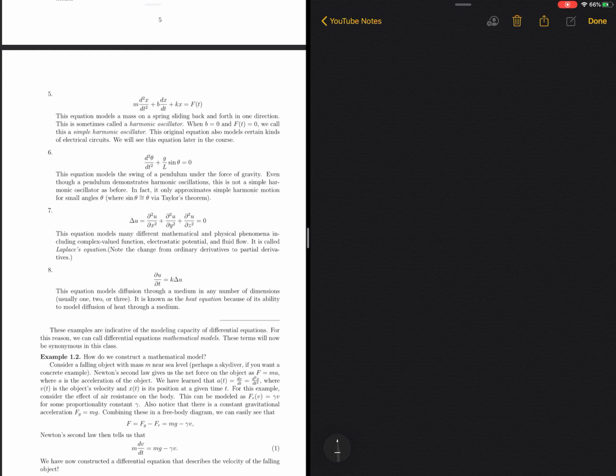Number 8, probably the final example I'll take for right now. This is the heat equation, right? It is another partial differential equation, and these show up all the time in time evolving systems where you have multiple spatial parameters to deal with as well. But this list could go on forever.